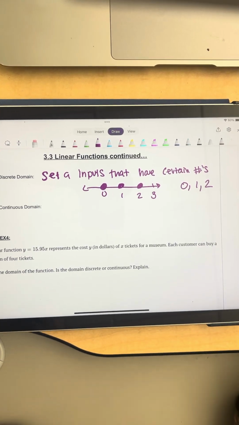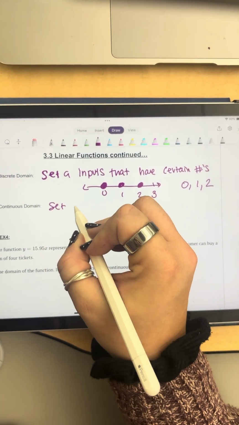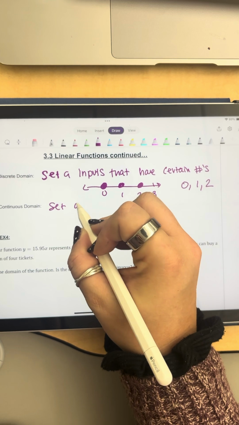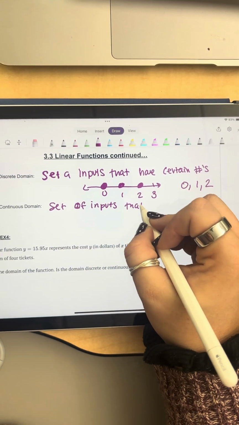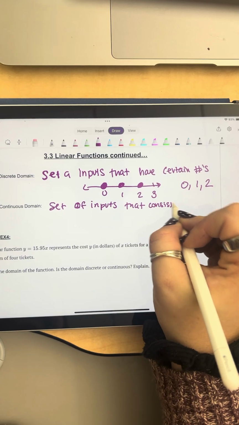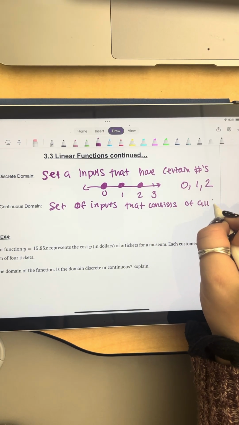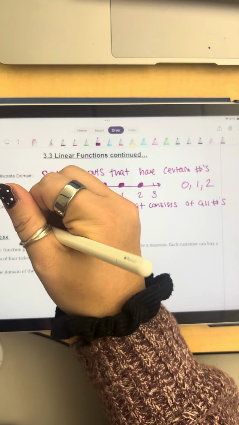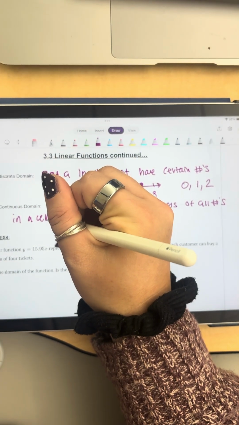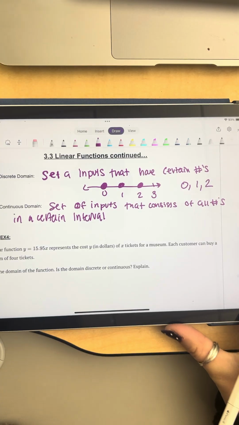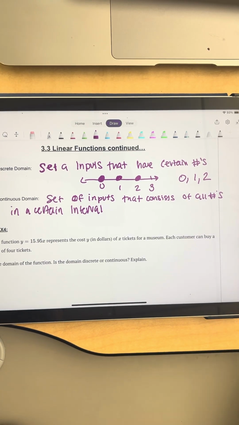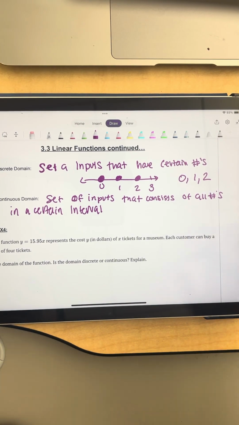Continuous is kind of in the word, so it's still a set of inputs that consists of all the numbers in a certain interval. Okay, set of inputs that consists of numbers in that certain interval.